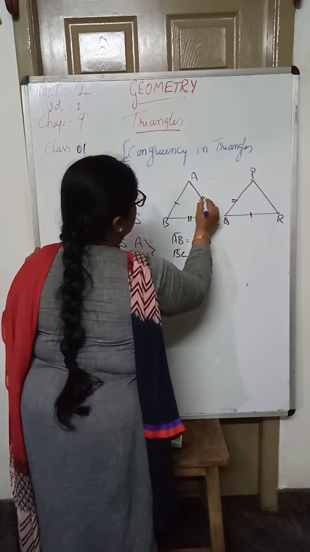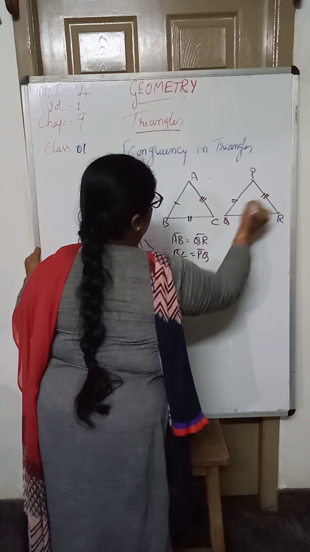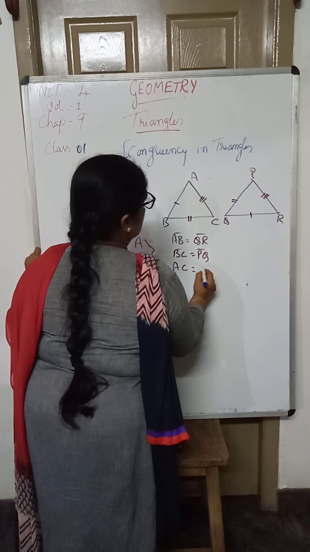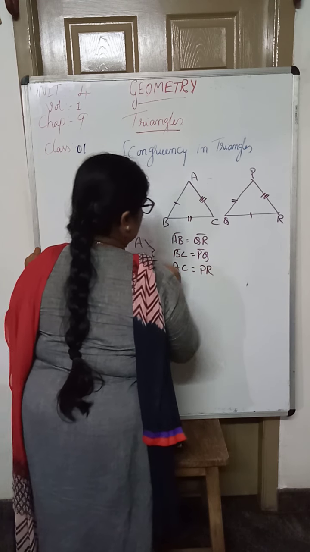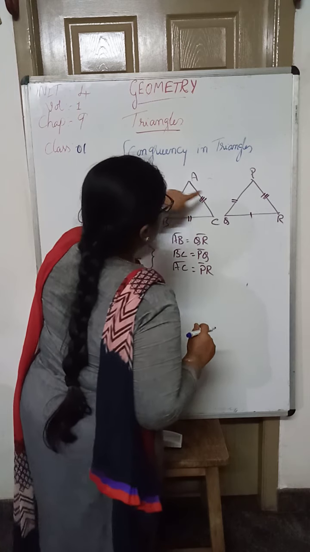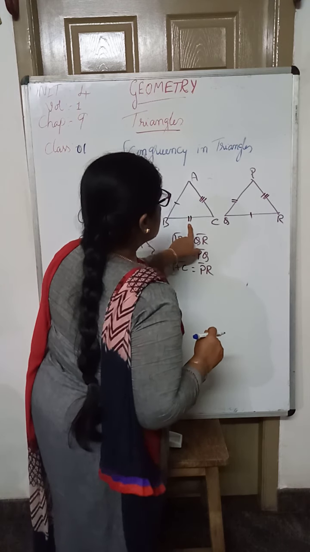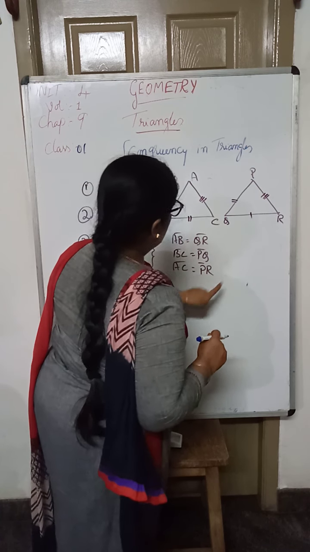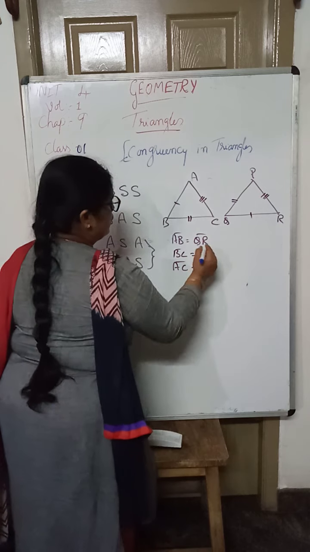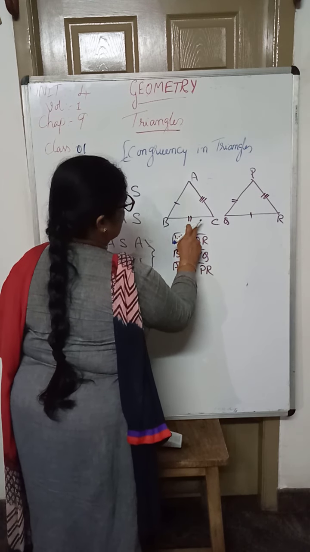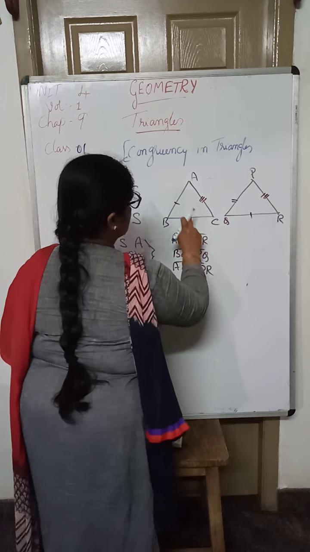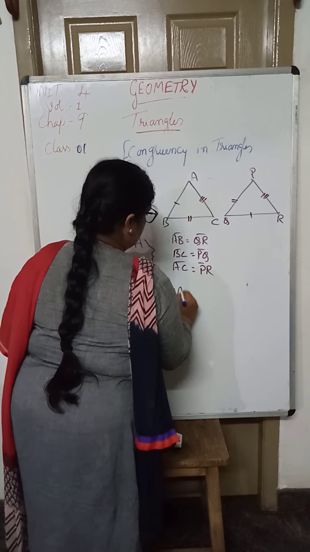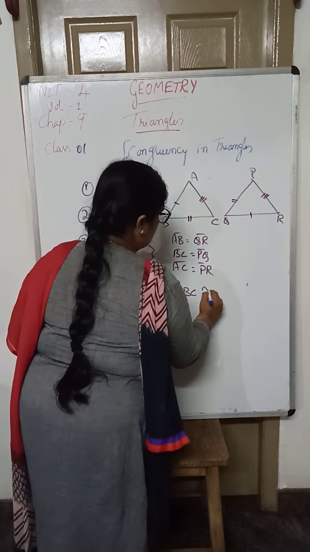Next, third one: AC is equal to PR. Now here, AB is equal to QR, BC is equal to PQ and AC is equal to PR. Now, according to the SSS condition, these two triangles are congruent.